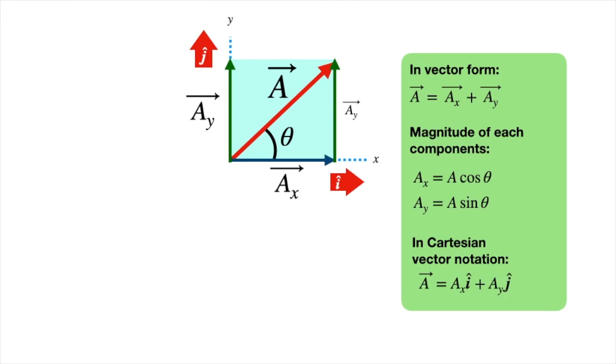Because above the symbol A there is an arrow, and when there is an arrow, that means it is a vector quantity. This equation is a vector quantity because in the equation there are two things: the magnitude of the vector, which is magnitude AX and AY, and also another parameter, which is the direction of each vector, defined in direction i and direction j, or in other words, in direction x and direction y. So that is why the equation is a kind of vector.